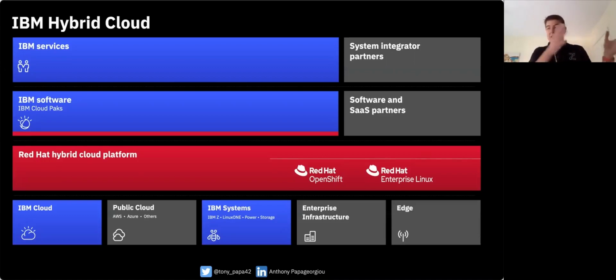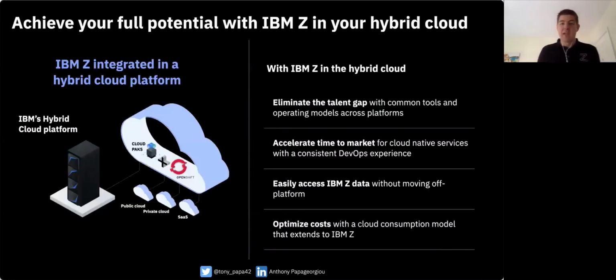But the idea is that this infrastructure can run wherever you need it, and the implication of that for Z is actually quite interesting. You get two things. First of all, if you're integrating with your data on Z, you can move the integration, the application, as close to that data as it needs to be.